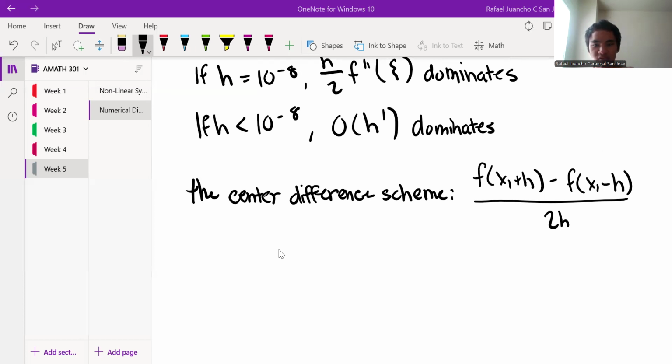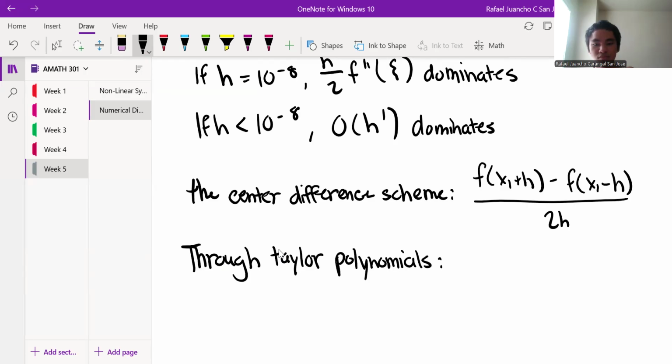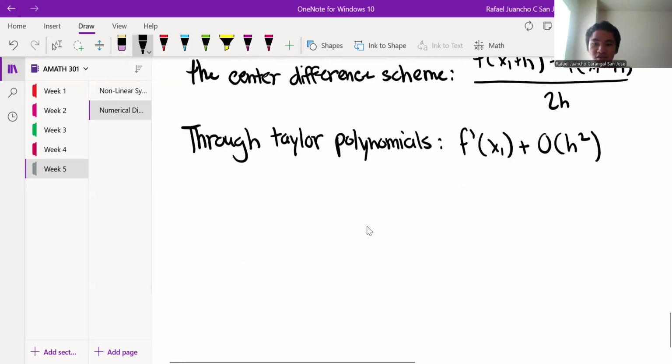And this is just basically, so through Taylor polynomials, this is just the same as its derivative plus that. And we see here that 2 is a convergence rate.